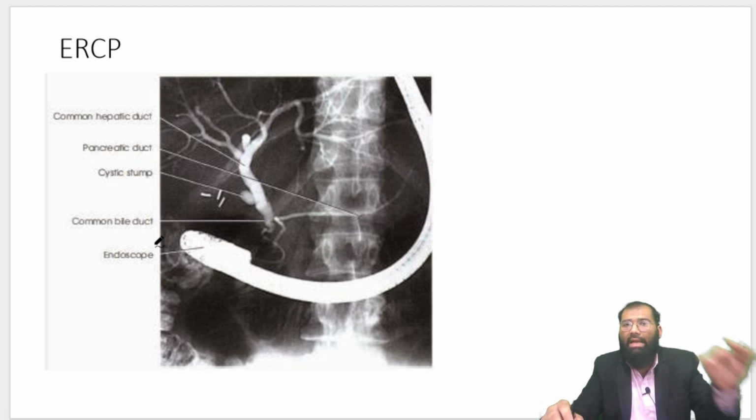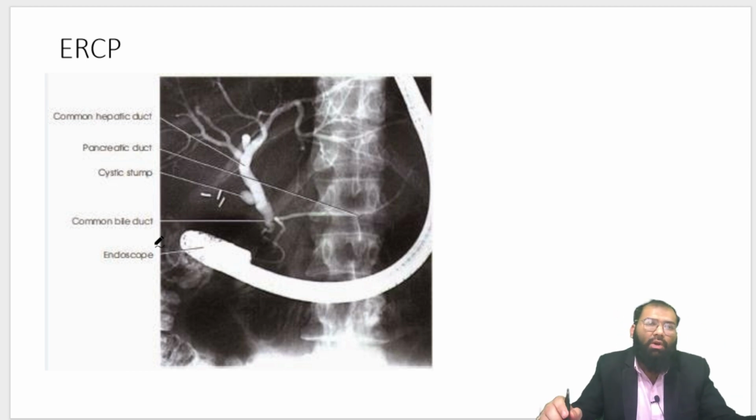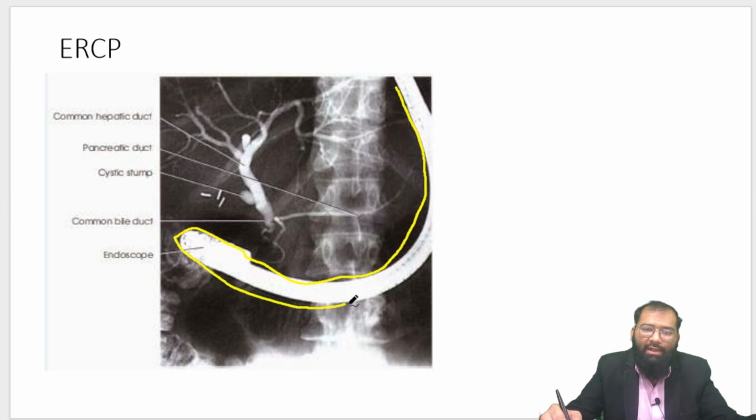Okay, now let us move ahead. So this is how ERCP image is seen. Many of the times in NEET exams, you get direct question that identify what investigation this is. So I will tell you the trick to identify this. So let us see this. So here you are able to see this is a very bright structure which is seen on this film.